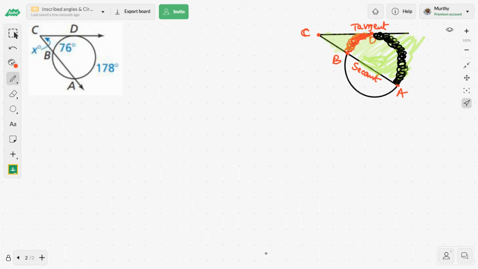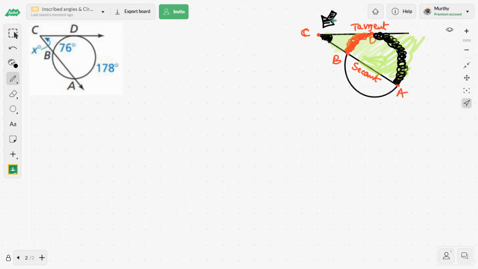If you see this kind of question, the external angle, the angle which is formed outside the circle, you see that this is the angle formed outside the circle.